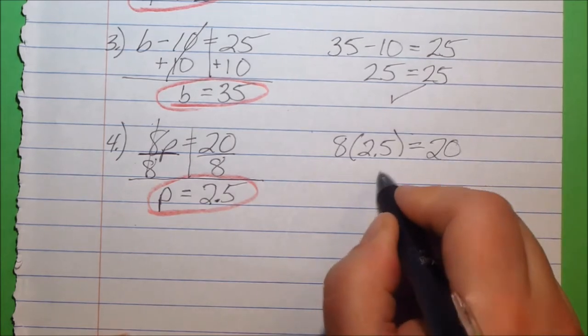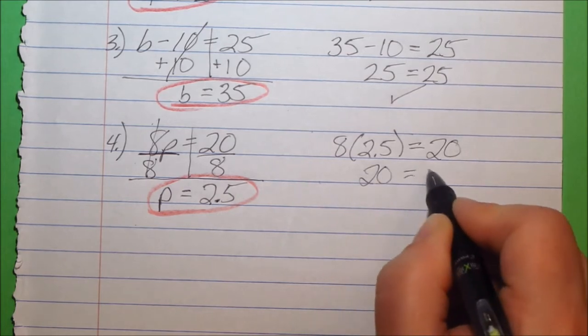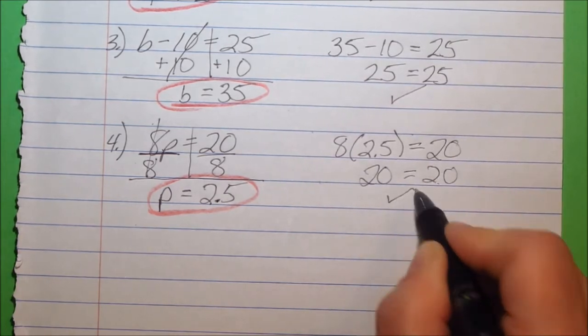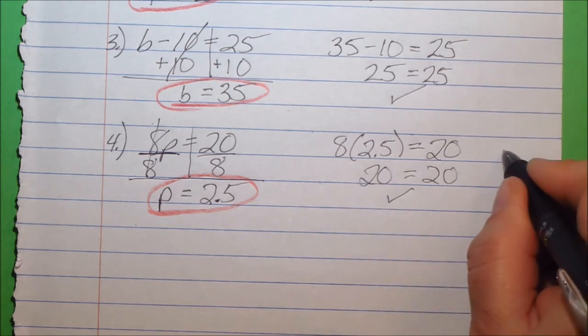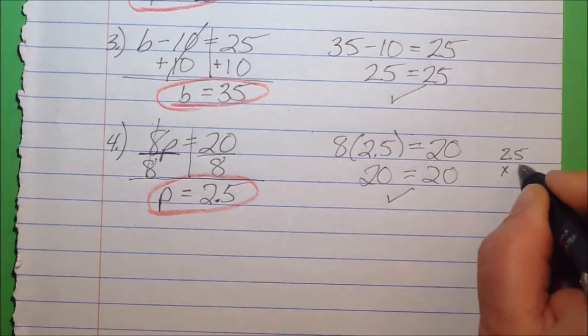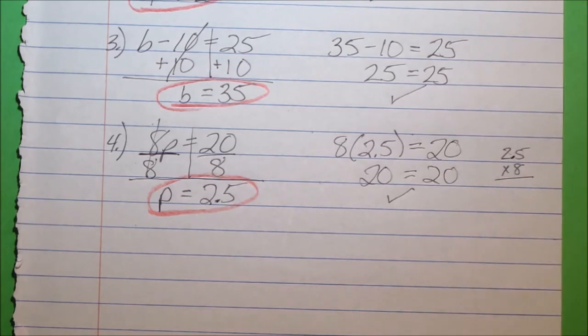And I know that 8 times 2 and 5/10 equals 20. So check. And you may need to do some longhand scratching out to the side like that if you're not sure. Double check those kind of things.